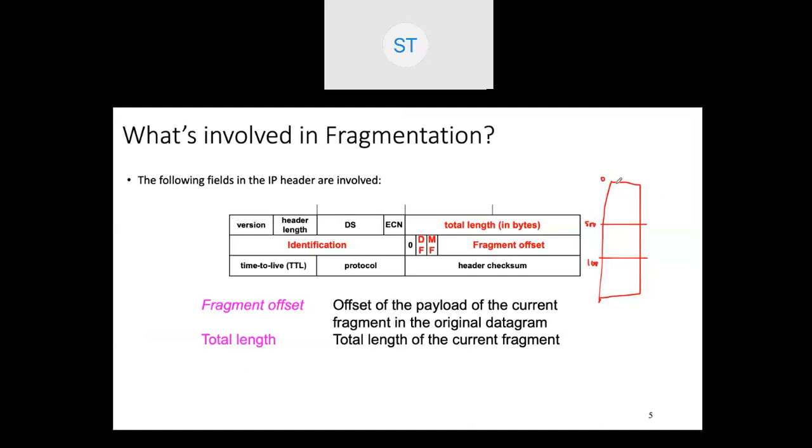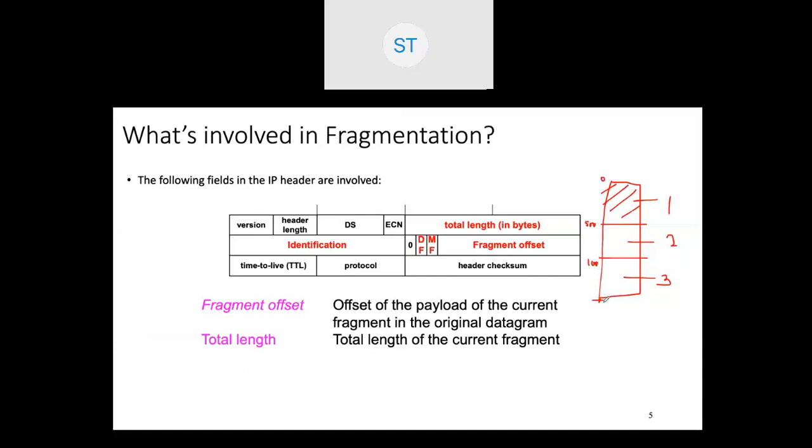While reading the data, it will read this as fragment 1, this as fragment 2, this as fragment 3. So your total 1500 is divided into 0 to 500, 500 to 1000, 1000 to 1500.